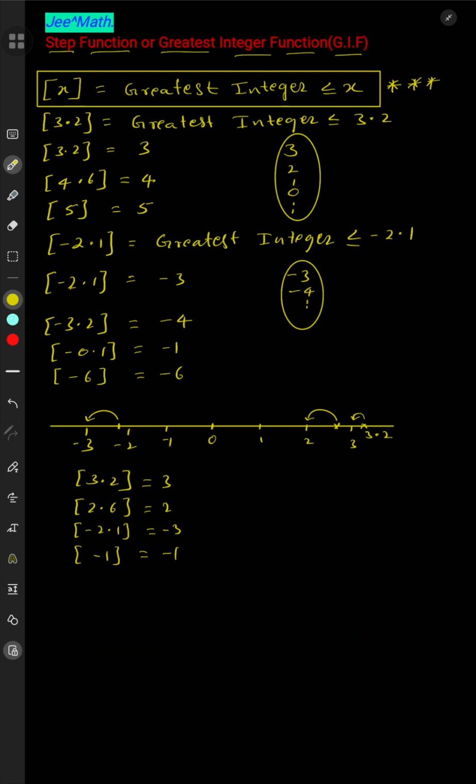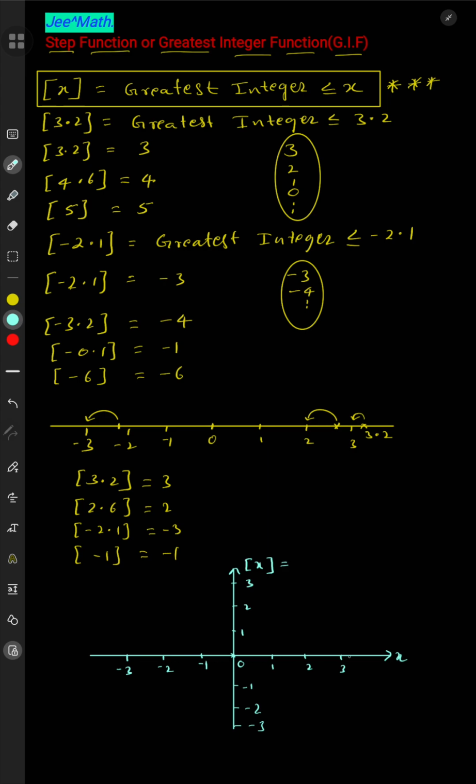See here, the graph of the step function. These are values of x and these are values of step x. Giving values on the x-axis 0, 1, 2, 3, and on this side minus 1, minus 2, minus 3, and here on the y-axis 1, 2, 3, minus 1, minus 2, minus 3.